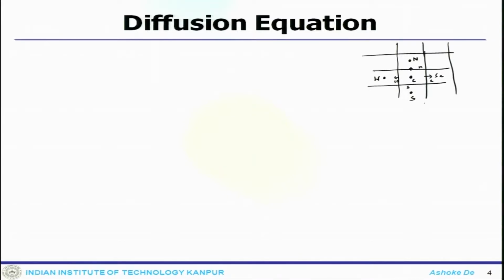The distance between these is delta x E, delta x W, delta y south, and delta y north. This is a small piece of information to keep in mind.